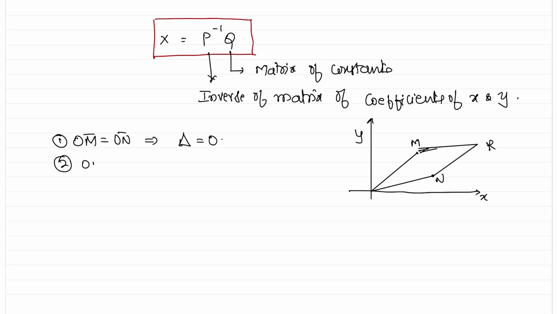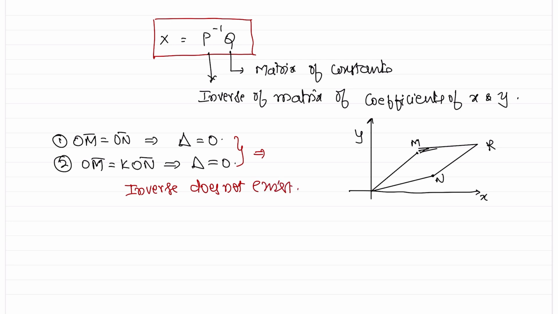Second condition, if OM is equal to a scalar multiple of ON, there also determinant is equal to 0. That means when the area of the parallelogram is 0, determinant is 0. Whenever determinant is 0, what happens? Inverse does not exist.